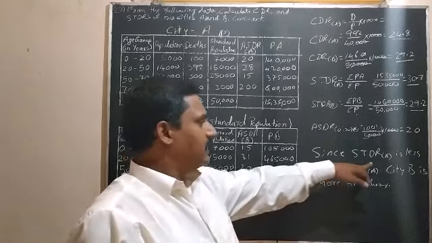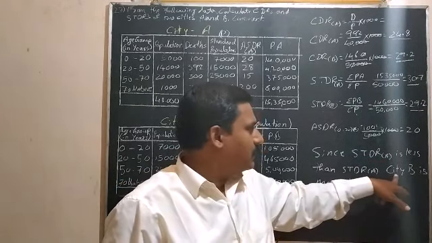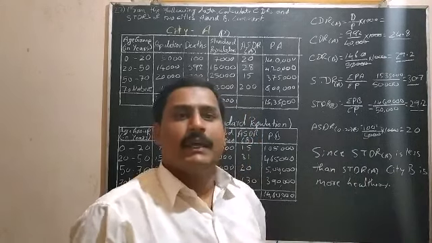So since the STDR of city B is less than the STDR of city A, city B is more healthy.